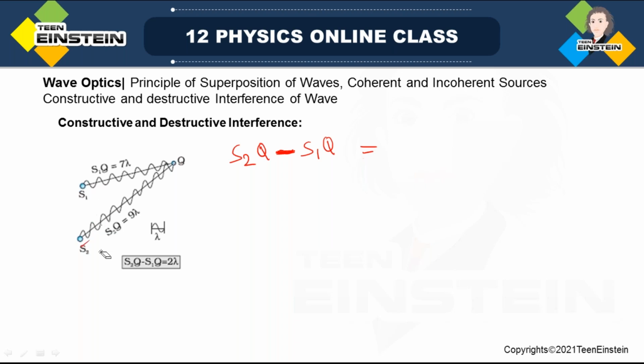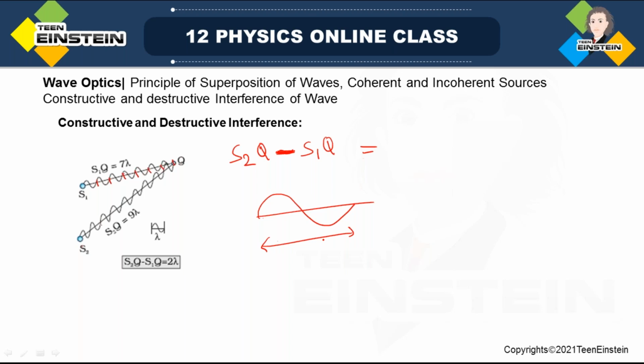The wave which is produced by the S1 source reaches Q when it completes 7 complete oscillations. I'll count for you: 1, 2, 3, 4, 5, 6, and here it is 7. And what is the length of each complete wave?